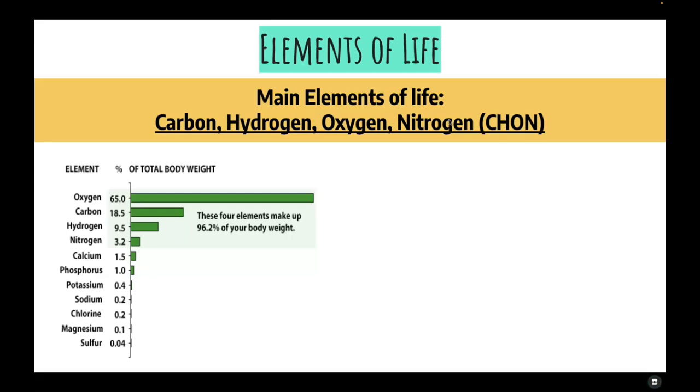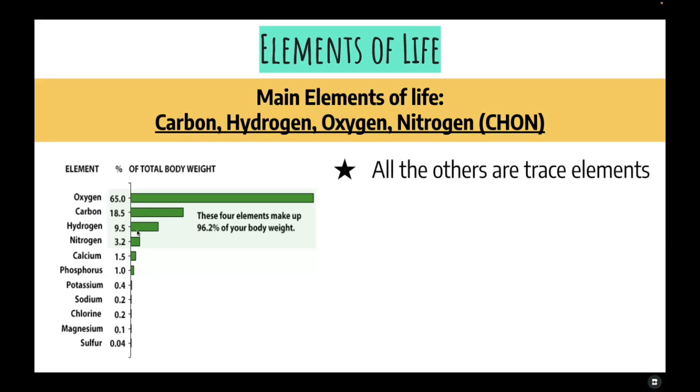It has 4 valence electrons, so it can form 4 bonds, making it very versatile. Hydrogen is everywhere in living things. It's in water, in all organic molecules, and it just forms 1 bond. Oxygen usually forms 2 bonds and is super electronegative, and we'll see why electronegativity matters. And nitrogen forms 3 bonds and is essential for proteins and DNA.